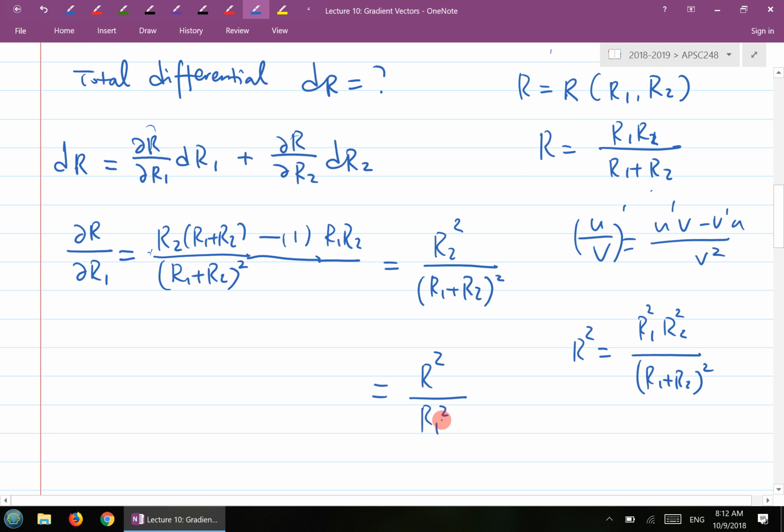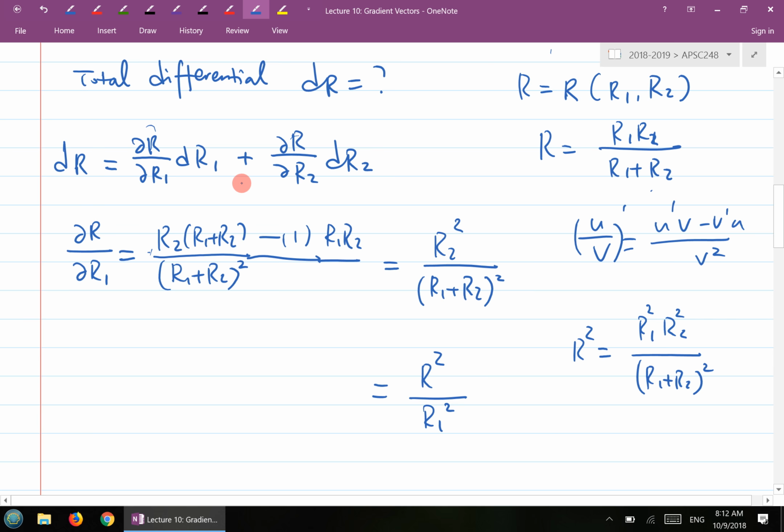So that's the simplified expression for this partial derivative. This whole chunk divided by R1 squared, you get back to this here. So all you need to do is plug it over here, and then calculate the partial R over R2 and plug it here, and you get your dR. That's the total differential.